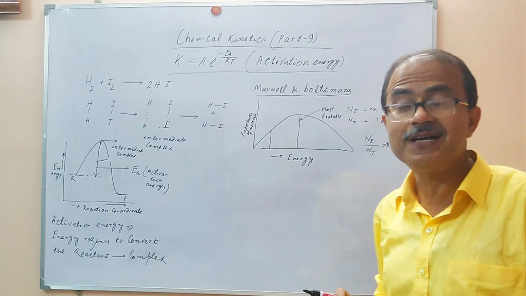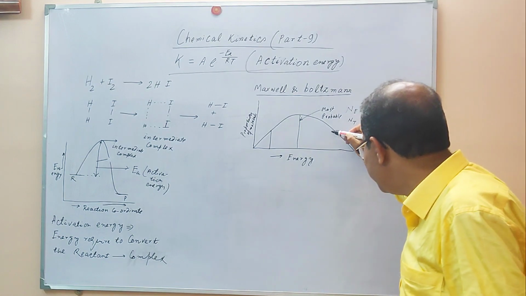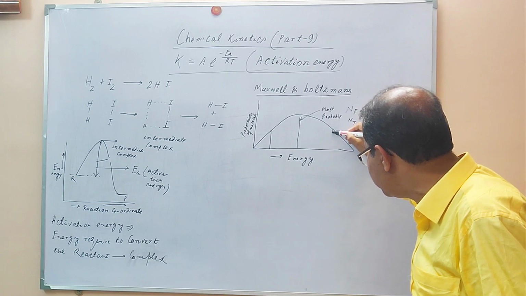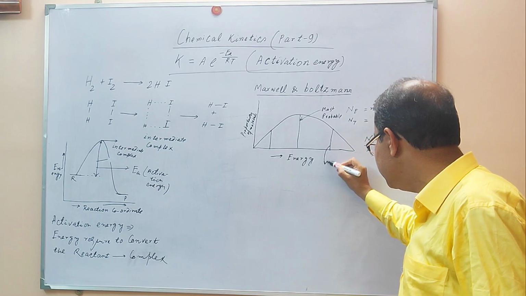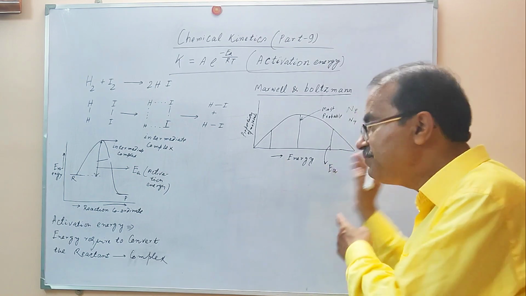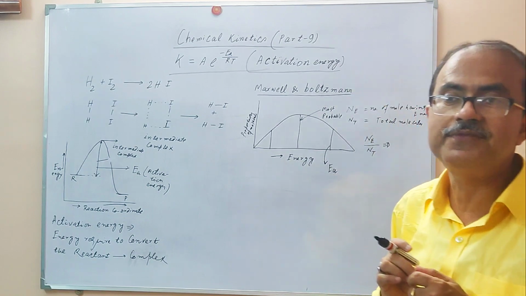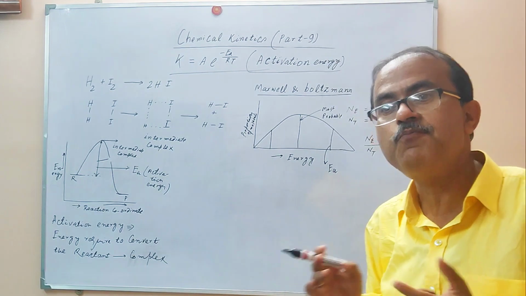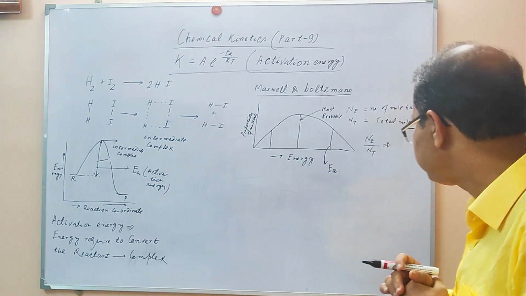Now when the reaction is going on, you should have sufficient energy. Suppose this is the activation energy, EA. Above this energy, when the molecules collide, they give the intermediate complex, and the product will form.